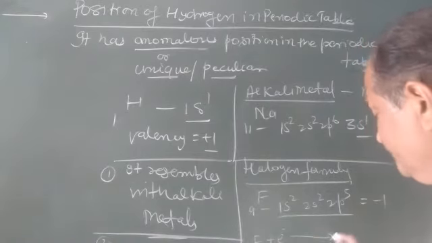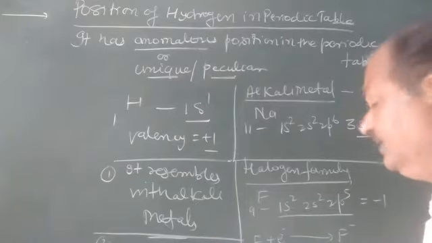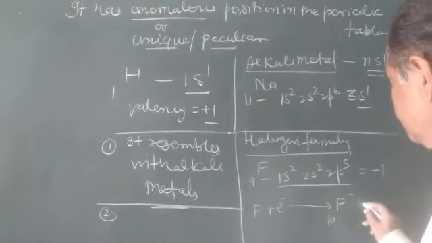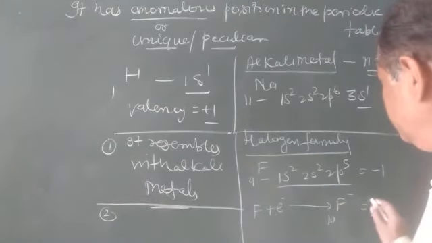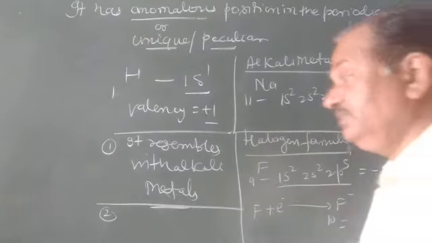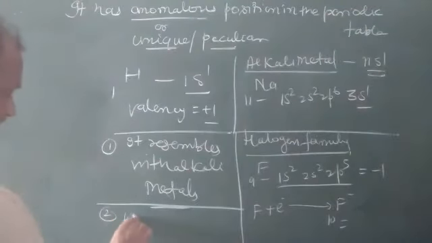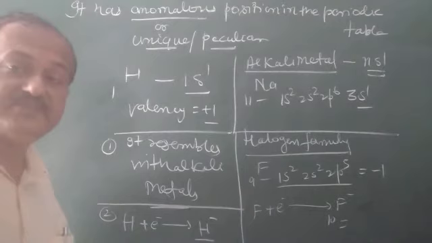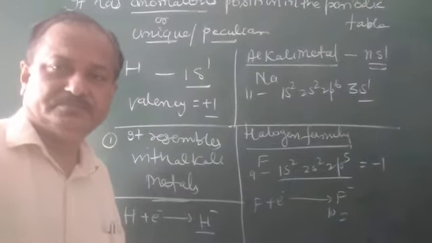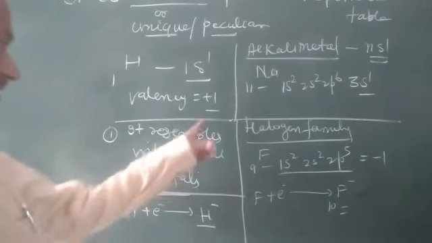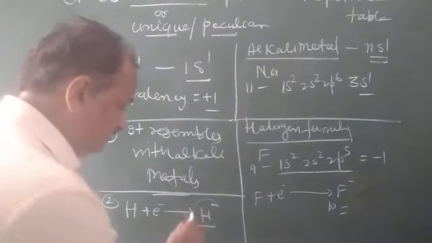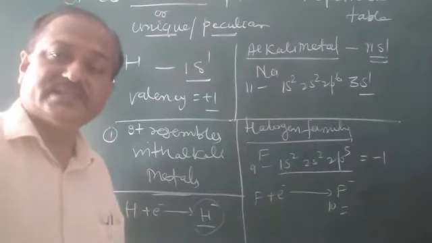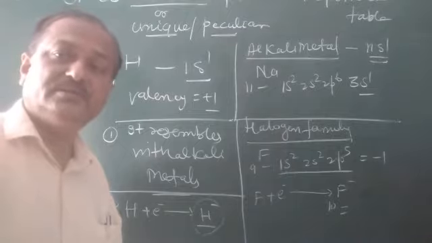Fluorine plus an electron forms the fluoride ion, F minus, which becomes 1s2, 2s2, 2p6. Similarly, hydrogen will gain an electron and form the H minus ion. So there is cationic hydrogen and anionic hydrogen. As a result we say that hydrogen has an anomalous character or anomalous position in the periodic table.